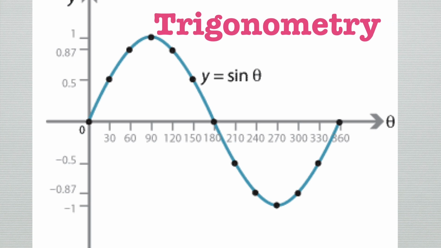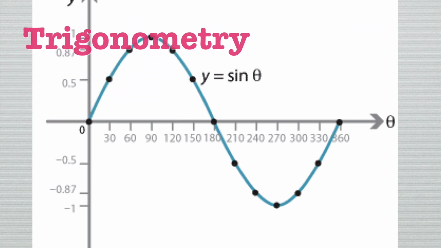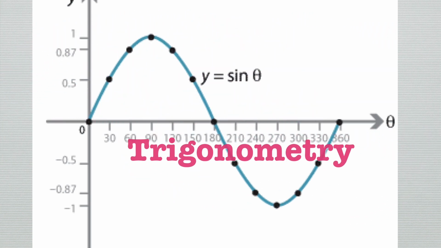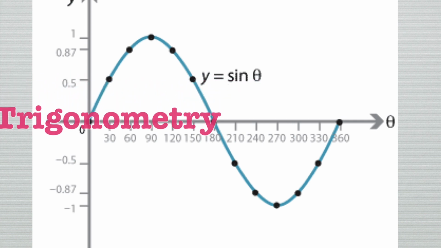When you draw, you must draw carefully, and after you draw, you must memorize the shape of y equals sine theta, and also the important special angles. Example, sine 0 is 0, sine 90 is 1, sine 180 is 0, sine 270 is negative 1, sine 360 is 0.